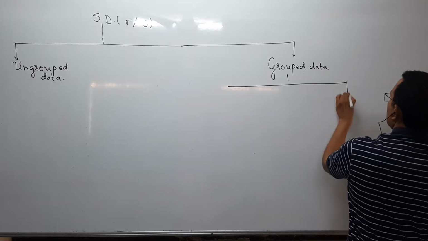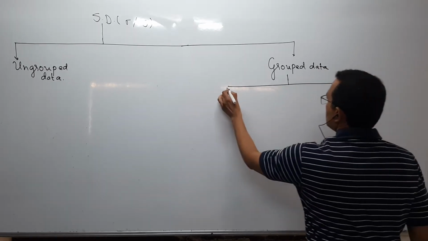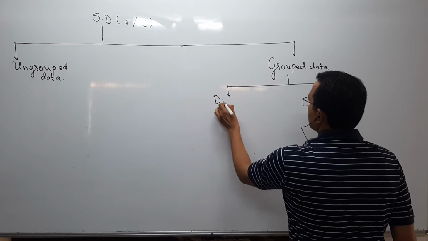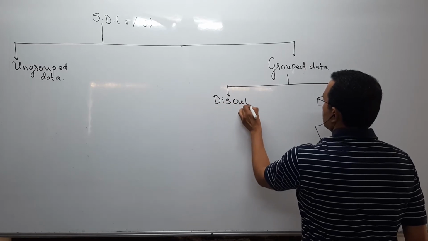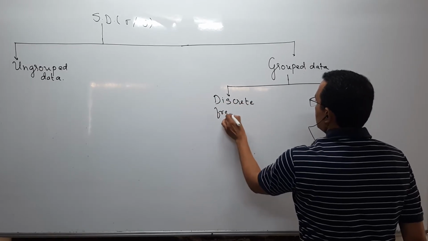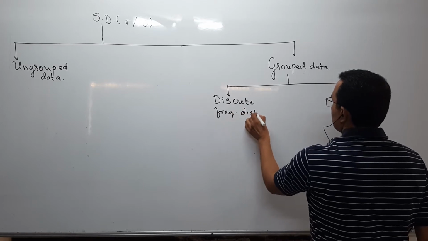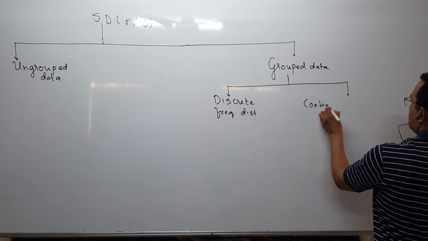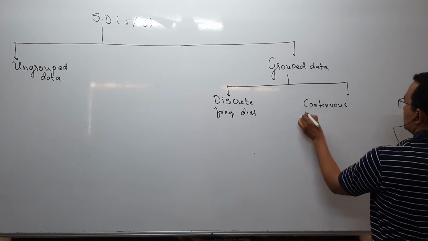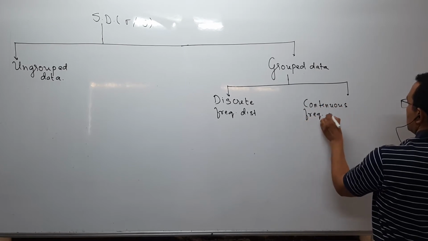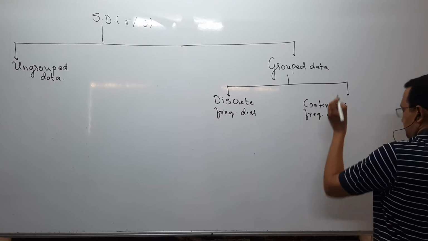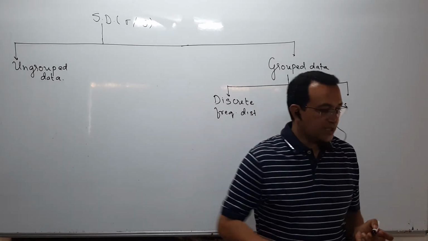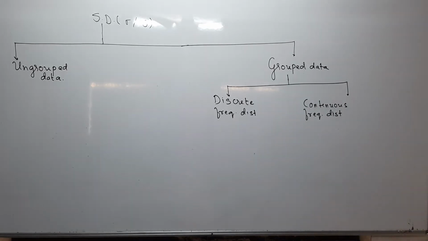Again, grouped data is divided as discrete frequency distribution and continuous frequency distribution. This, I suppose, all of you have learned by heart by this time.